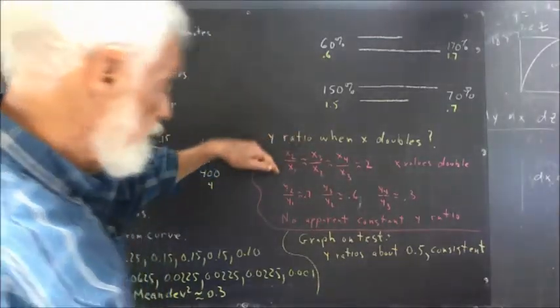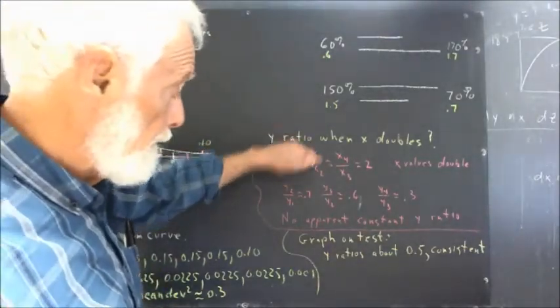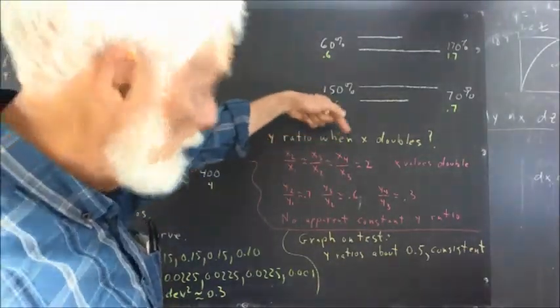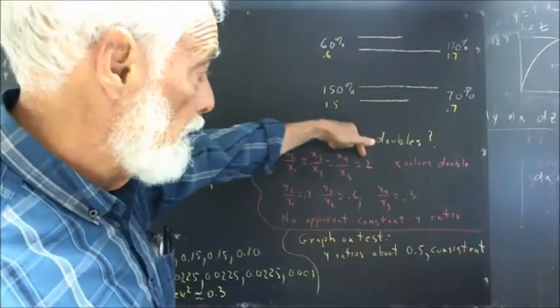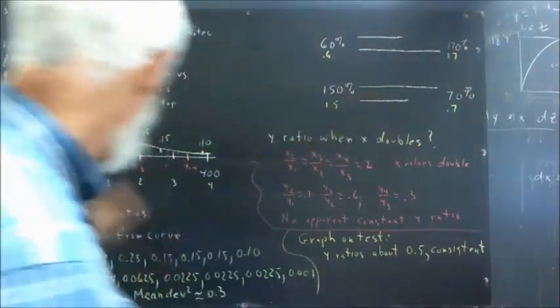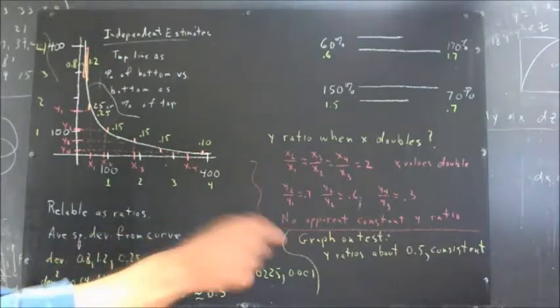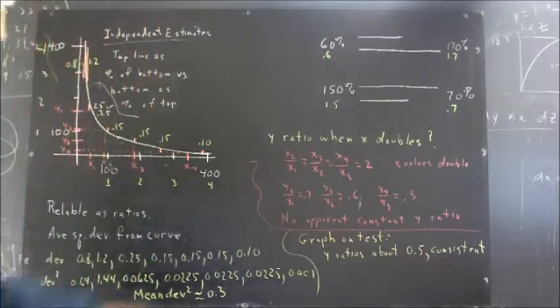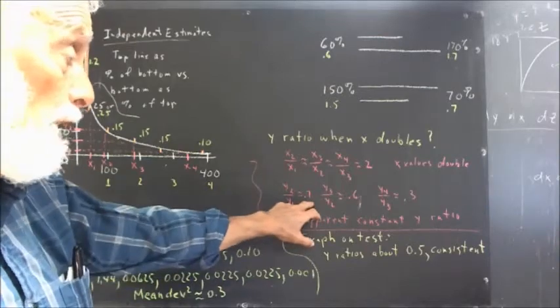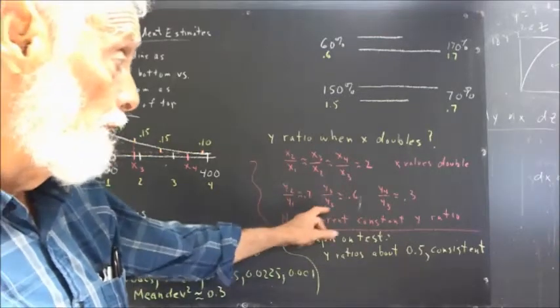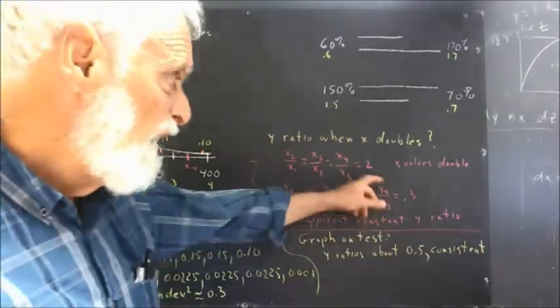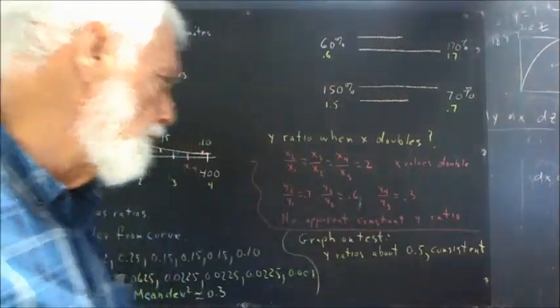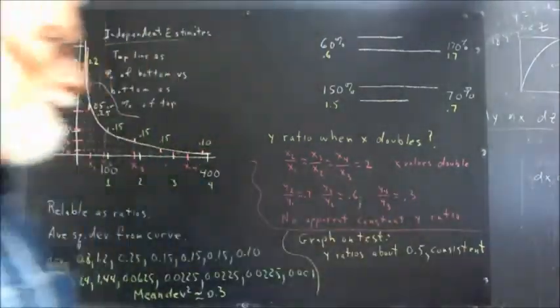The x ratios, x2 over x1 equals x3 over x2 approximately, which is approximately equal to x4 over x3, which is approximately 2, as best I could manage it by drawing it freehand. The y ratios appear to be y2 over y1 about 0.7, y3 over y2 about 0.6, and y4 over y3 about 0.3. There's no apparent constant ratio.